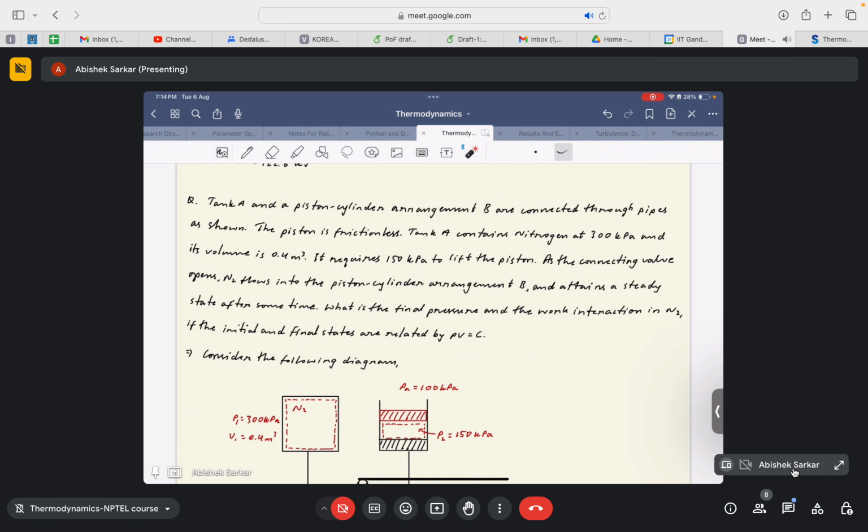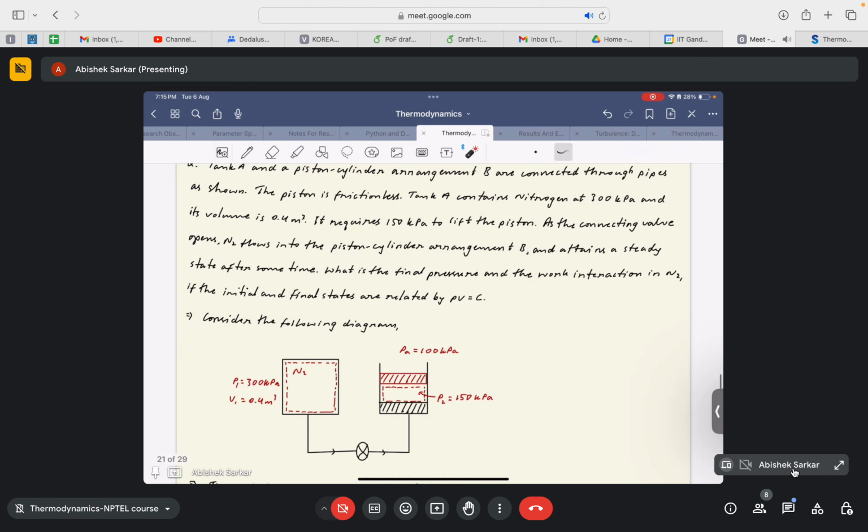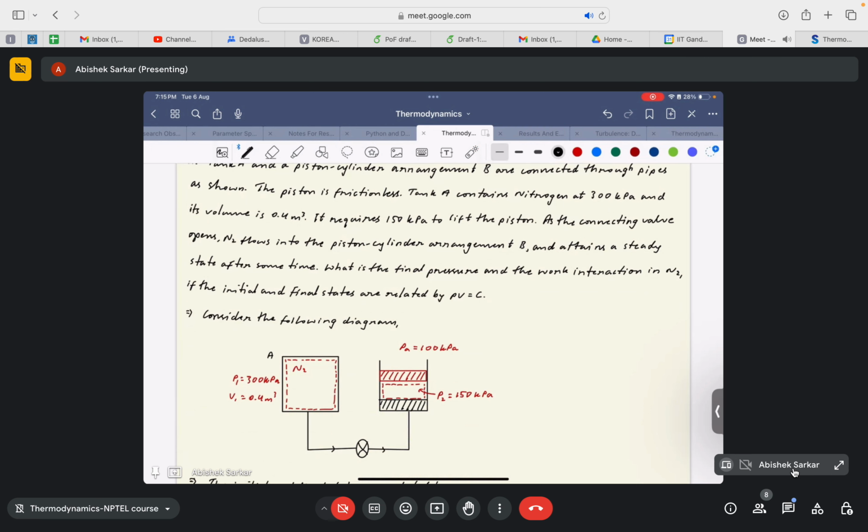Okay, as the connecting valve is opened, nitrogen flows into the piston cylinder arrangement B, and as we open this valve, nitrogen from tank A flows through these pipes and enters the piston cylinder arrangement at B. Let me just denote it, A and B, and attains a steady state after some time.